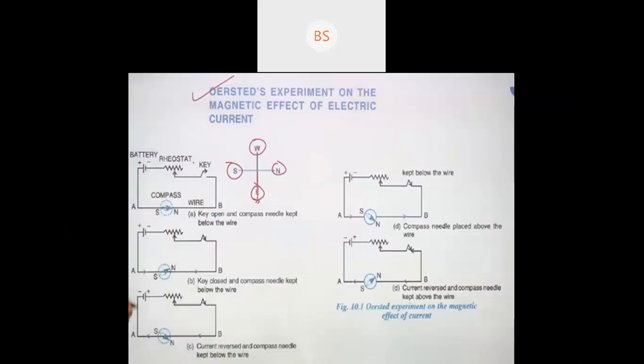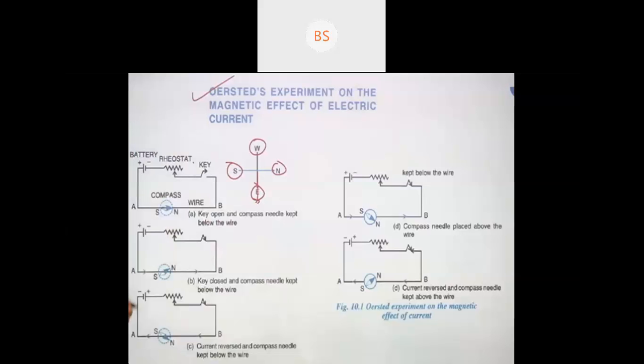The strength of the magnetic field depends on the magnitude of the current, and its direction depends on the direction of current. So the magnitude of the magnetic field also depends on the magnitude of current, meaning if the current increases, the magnetic field also increases.